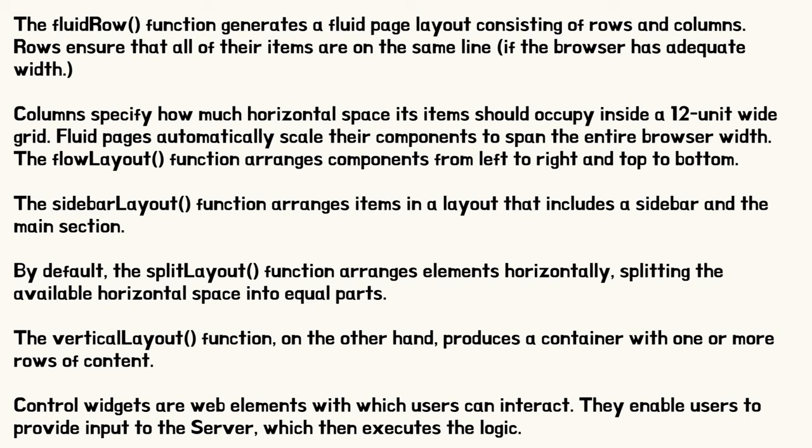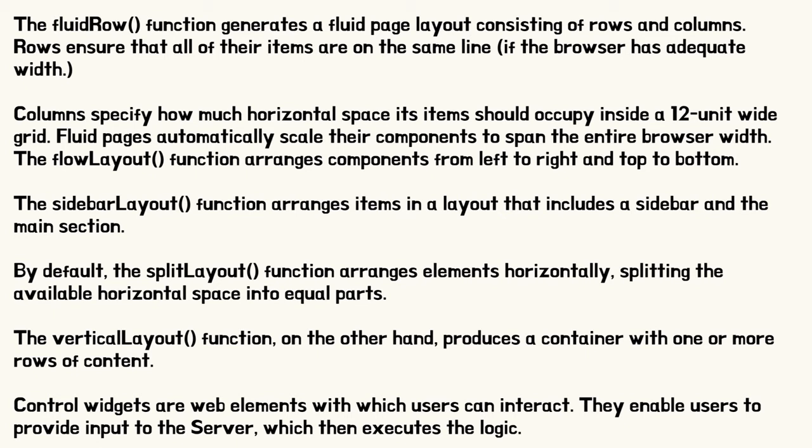The sidebarLayout function arranges items in a layout that includes a sidebar and the main section. By default, the splitLayout function arranges elements horizontally, splitting the available horizontal space into equal parts.